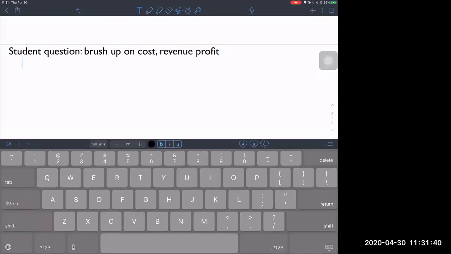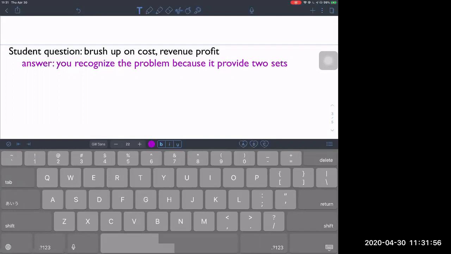And the answer is how to recognize it. You recognize the problem because it provides 2 points, or 2 sets of points. That's perfect. Thank you very much.